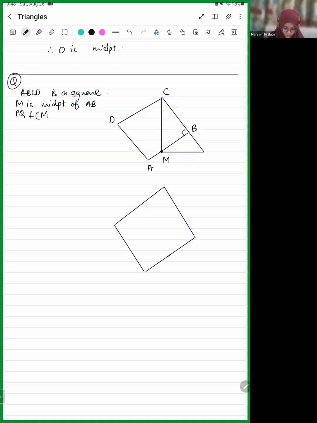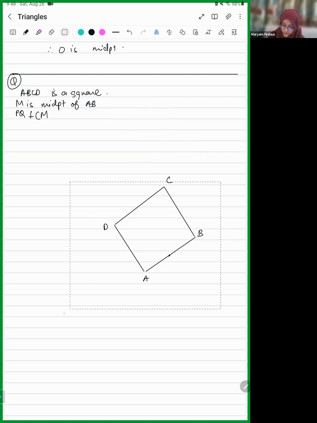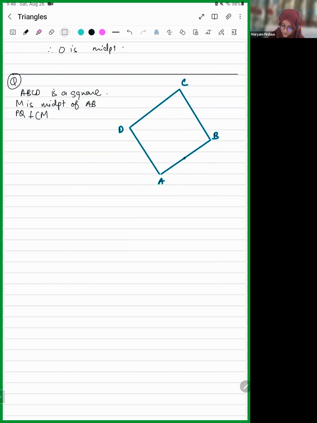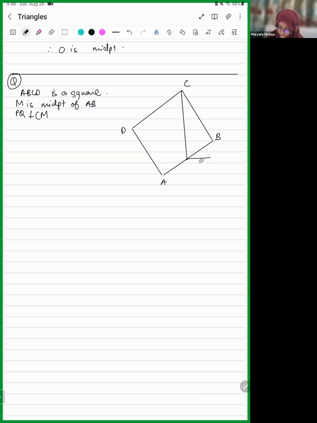This is ABCD, and this is PQ, which is perpendicular to CM.